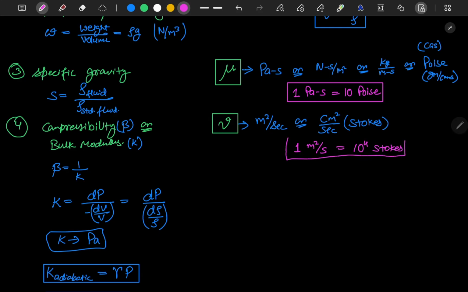So this is your relation for conversion from SI to CGS unit in case of viscosities.